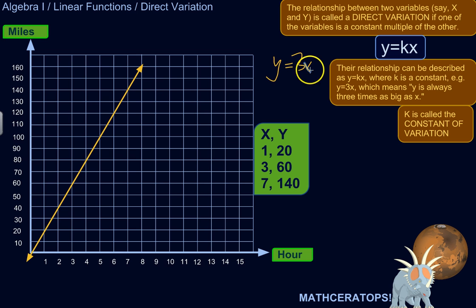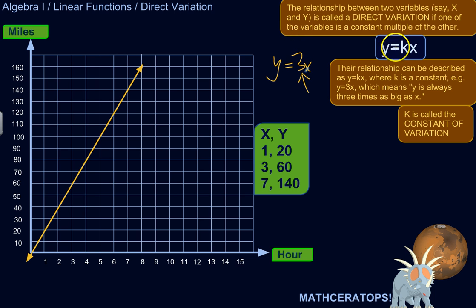So it's a constant multiple, meaning if you take x and multiply it by 3, whatever x is, y is going to be x multiplied by 3. So y is a constant multiple of x. That's why a direct variation has this form.